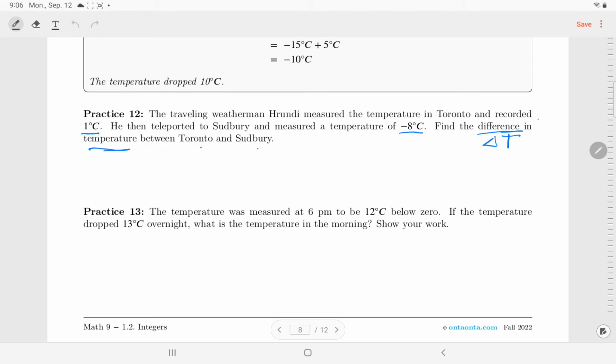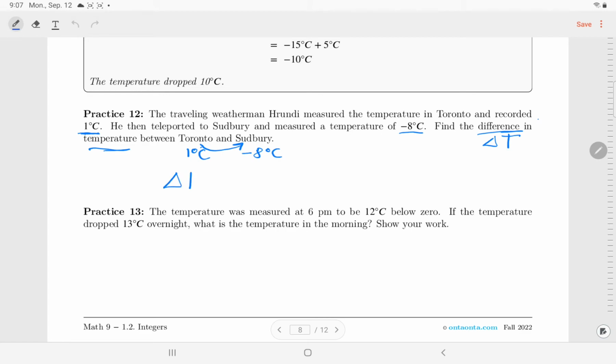First, we have to figure out if the temperature increases or decreases when we go from Toronto to Sudbury. So it goes from 1 degree Celsius to negative 8 degrees Celsius. So we see that the change must be negative because it goes from positive 1 to negative 8.